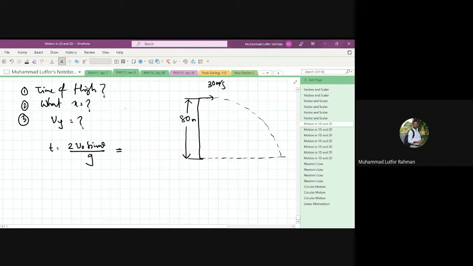It's 0 over here for this case, right? What is the value of sine 0? It is 0. So that means this equation is telling me it will take 0 seconds to reach from here to here. Does it make sense? So that means this is not the appropriate formula over here. This is a very special case.